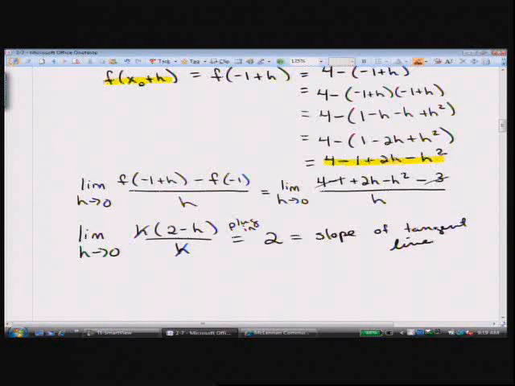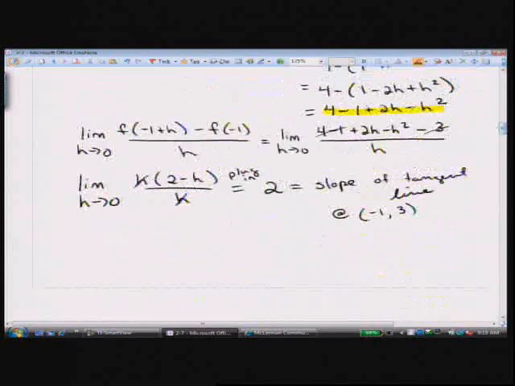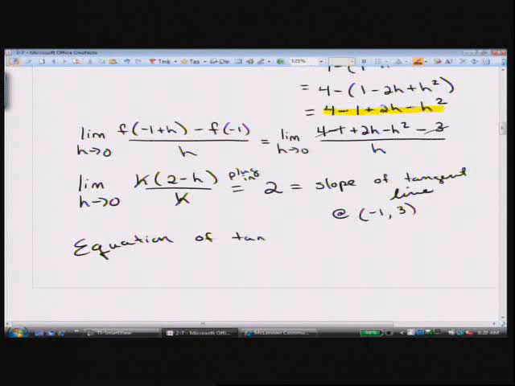All right, and we have that at the point negative 1, 3. And so your equation of your tangent line is y minus y1 equals m times x minus x1.